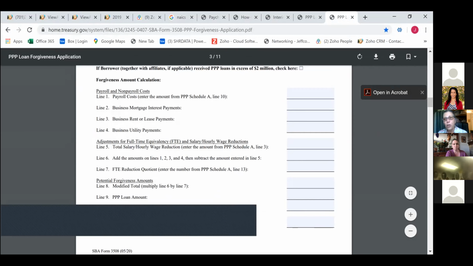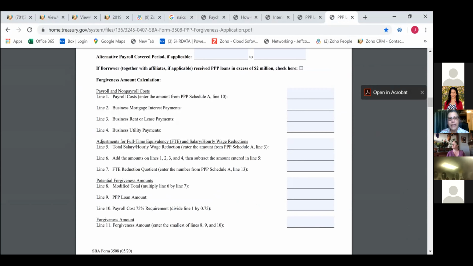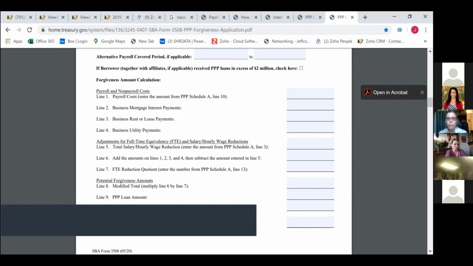Now, what they're looking for there is not the full mortgage payment, but the interest that you paid on the mortgage. If you don't own, but you rent or you lease, that goes on line 3, and that is actually the full amount of your rent. Then line 4 is the utility payments. If you don't pay utilities or you work from home, there are no utility payments.